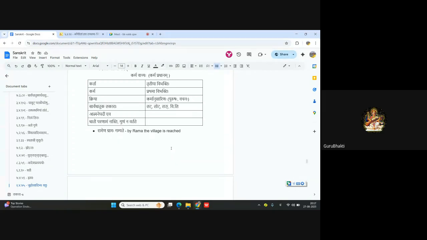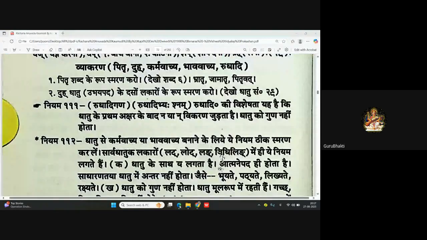Dhatu ko guna nahi hota, in 111 niyama. But that is not required for now because we are not making the form Rud as Runadhi.